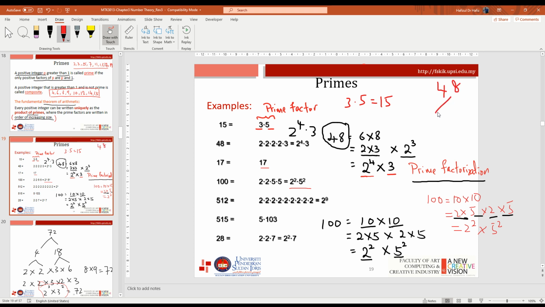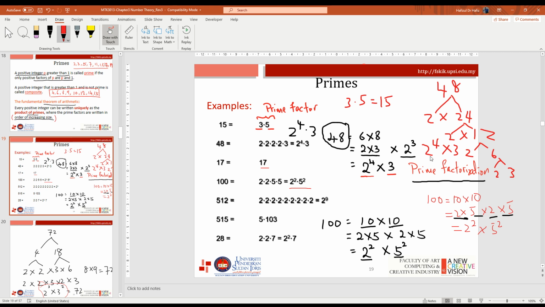We can write 2 multiplied by 24, then 2 multiplied by 12, and then 2 multiplied by 6, then 2 multiplied by 3. And then you can see that 2 to the power of 4 multiplied by 3 is the prime factorization.